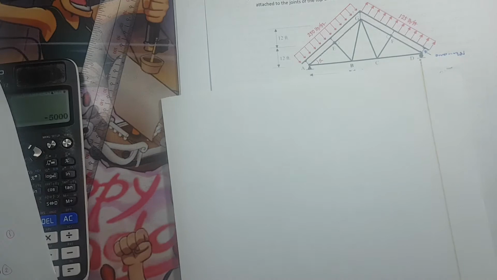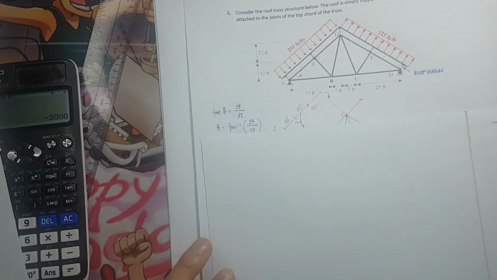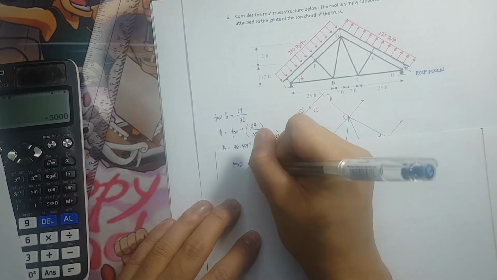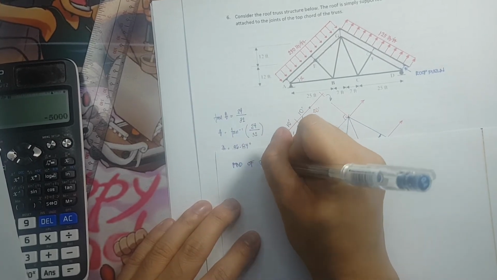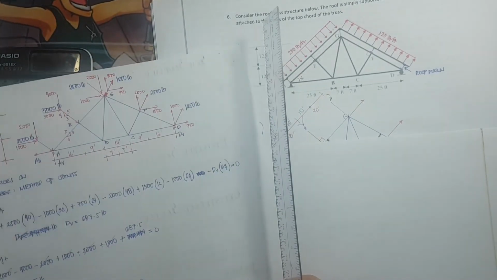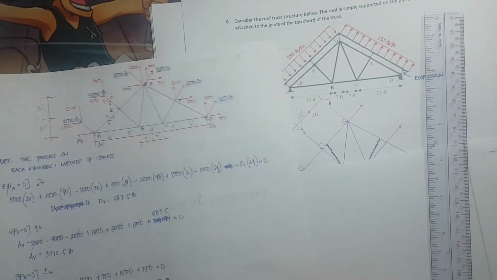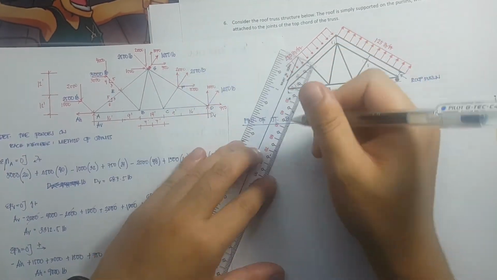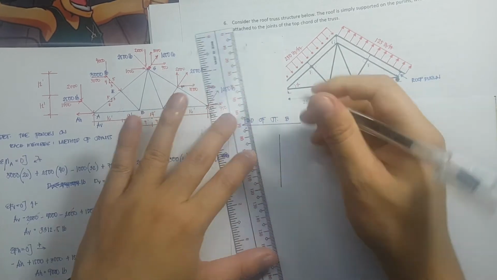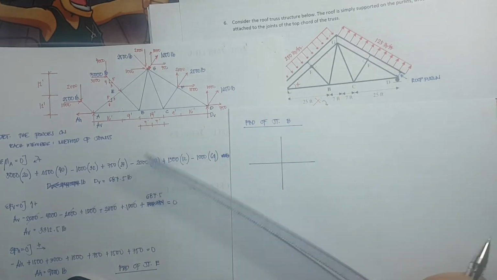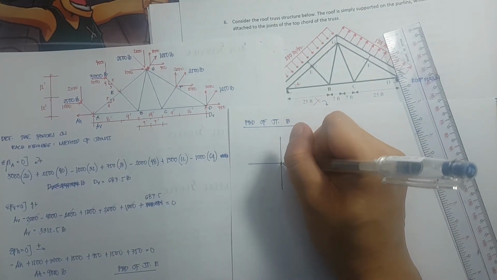Next would be the free body diagram. FBD of joint, let's say B. Okay. So we have here joint B. So we draw the free body diagram of joint B. So what are the forces present at joint B?